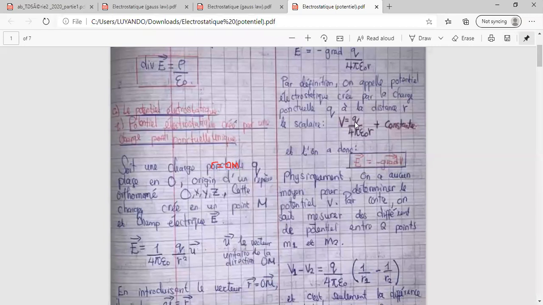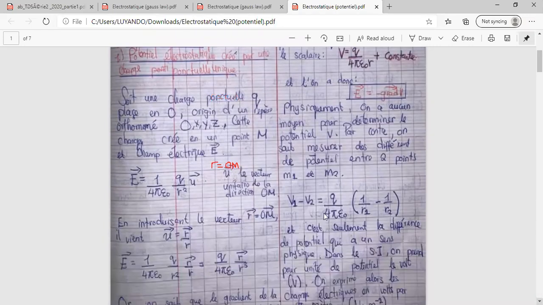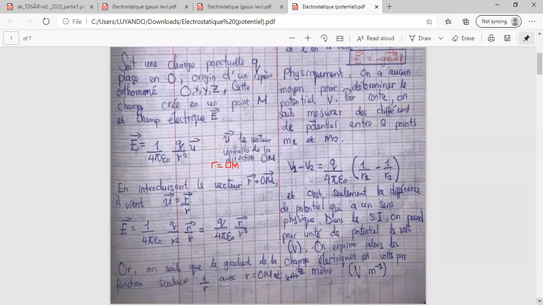So if V is equal to Q over 4 pi epsilon r, V1 minus V2 is just going to be the difference in the distances R1 and R2. So we're going to have Q times open brackets 1 over R1 minus 1 over R2. That's if we try to calculate the difference in potential between 2 points. Oui, et c'est seulement la différence de potentiel qui a un sens physique, which is what I'm just saying.